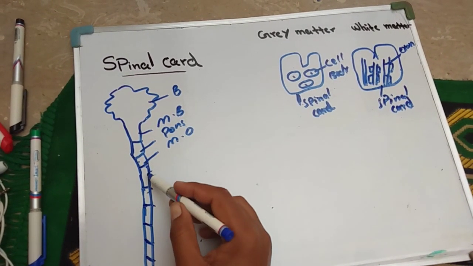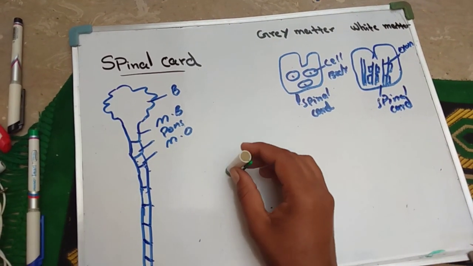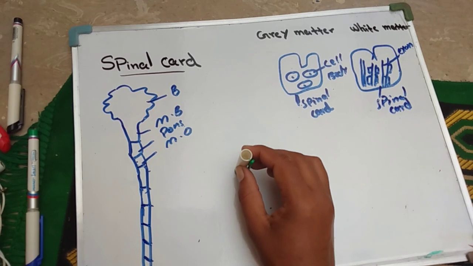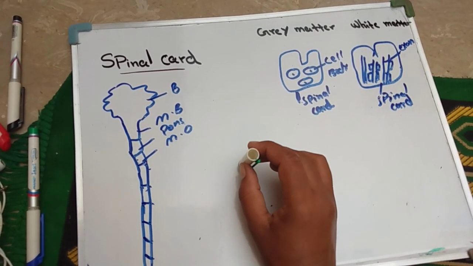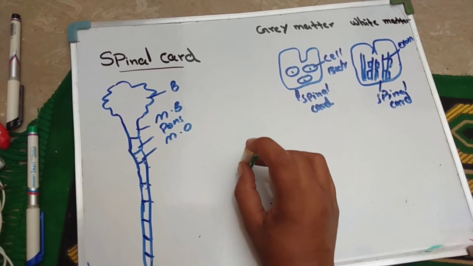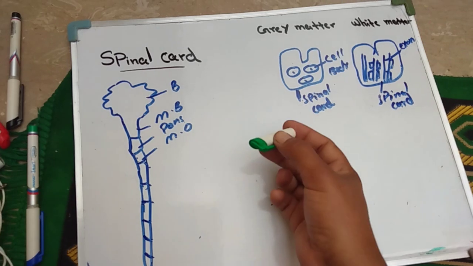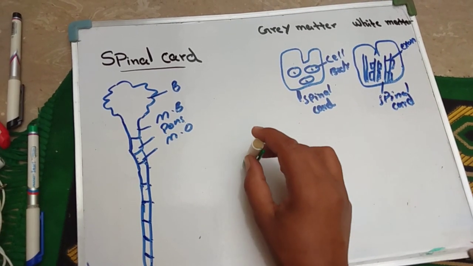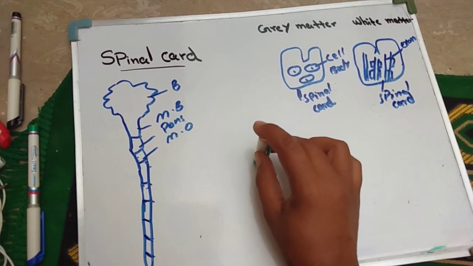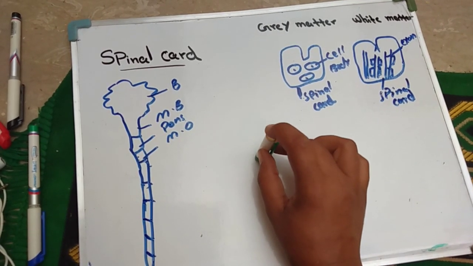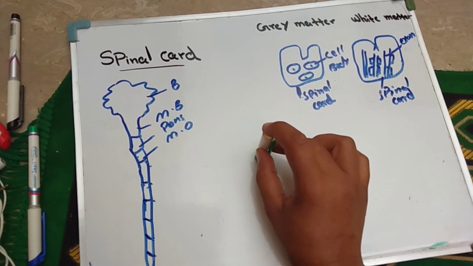If we cut the spinal cord, suppose this is one vertebra of the spinal cord. This is the interior side of the spinal cord, and this is the dorsal side of the spinal cord, green in color. The white in color is the ventral side of the spinal cord.